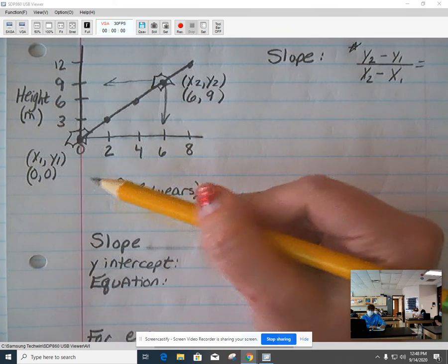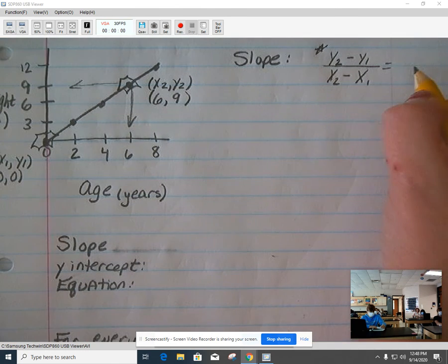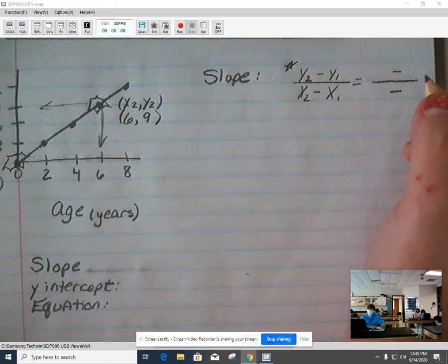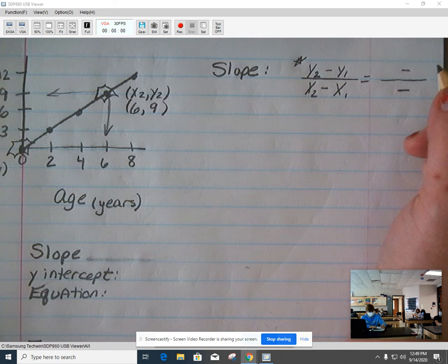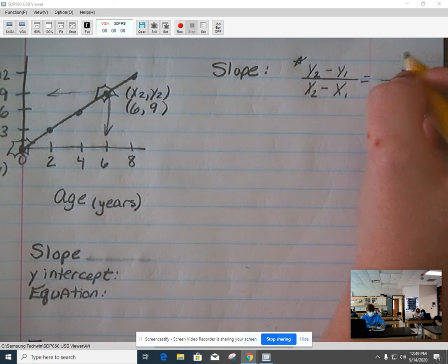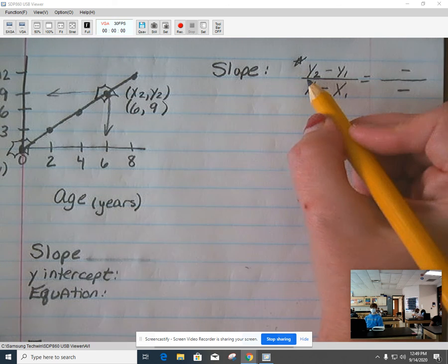Cool. So now we have those points identified. Now all we have to do is plug them into our formula. I always just make my fraction line with my minuses. What's in your numerator?